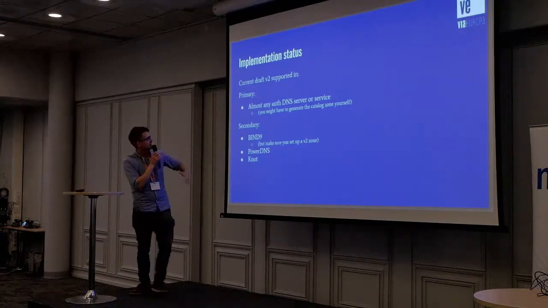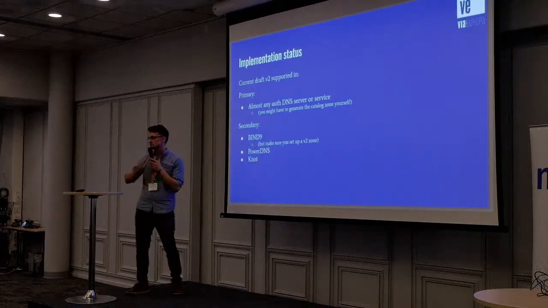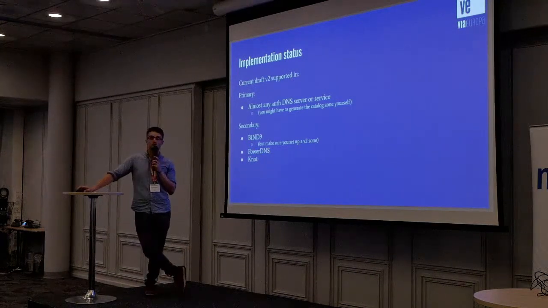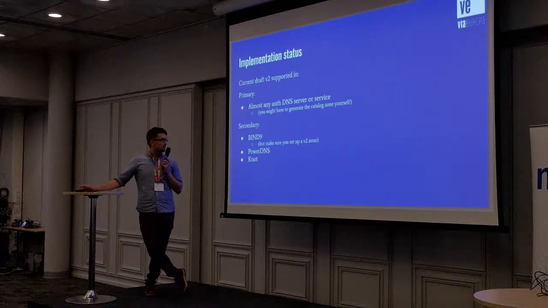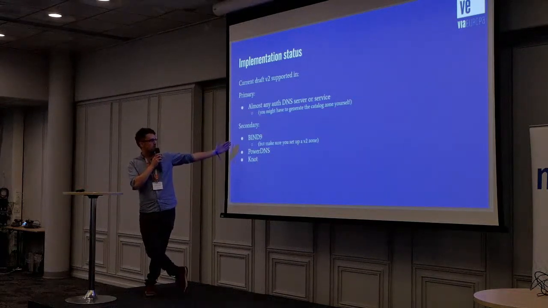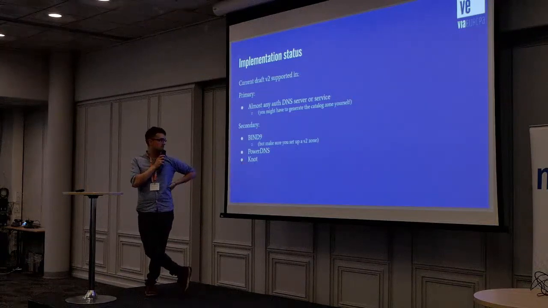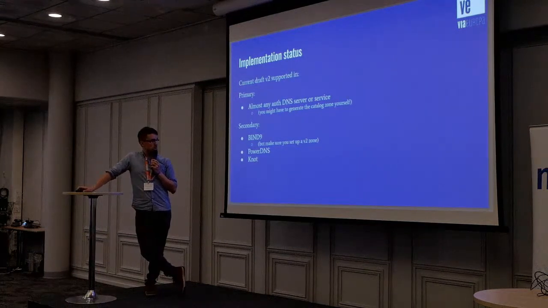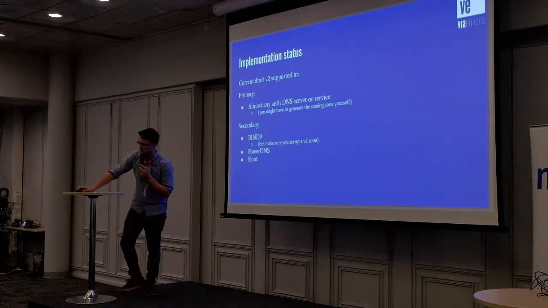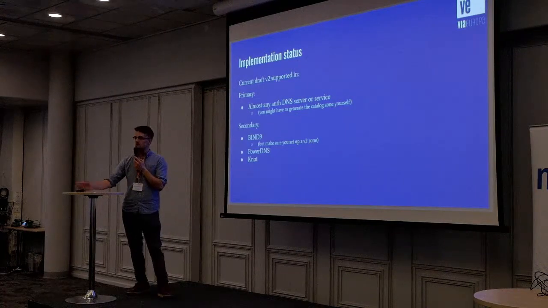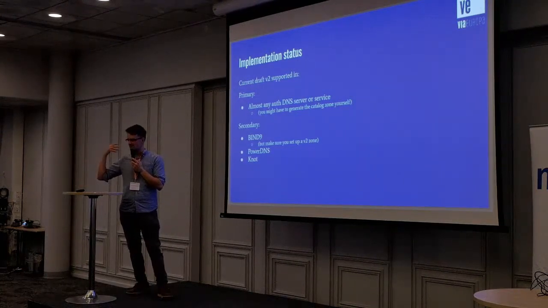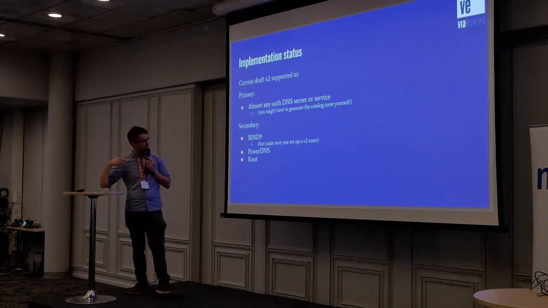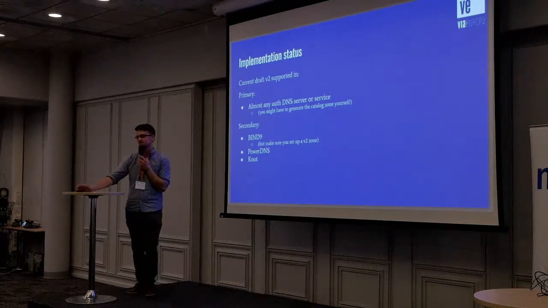With BIND, you have to make sure that you set up a version 2 zone, because it has support for both. And if you want to interop, then you want version 2. Which is supported by PowerDNS and Knot as well, as far as I know. Might be more, but this is also fairly recent. Version 2 got added to PowerDNS and Knot, and BIND, just within the last half a year for PowerDNS and within the last year for BIND.